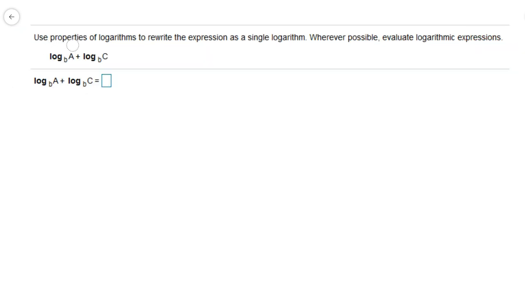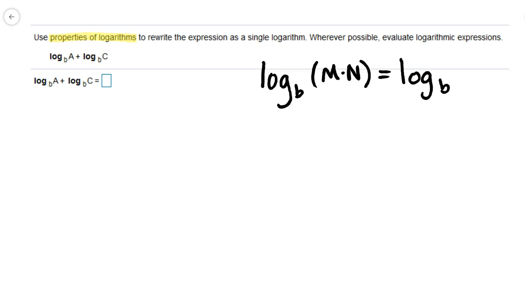This question says, use the properties of logarithms to rewrite the expression as a single logarithm. Whenever possible, evaluate the logarithmic expression. So the properties that we're talking about are the product rule. The product rule says that if you have a product inside the log, you can expand it to be the sum of the individual factors.